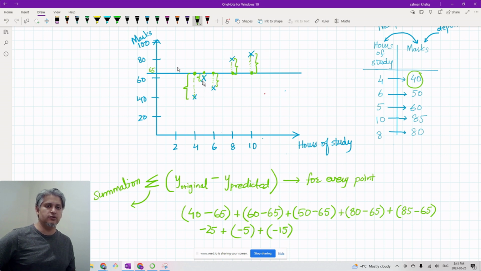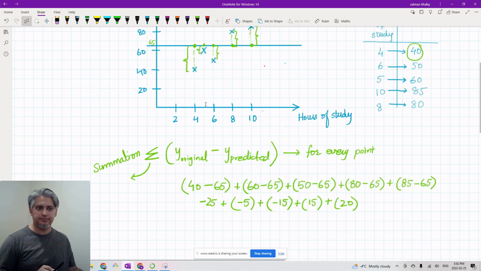This means all the values which are below my predicted line give a negative answer. And the two numbers which are above: 80 minus 65 gives 15, and 85 minus 65 gives 20.